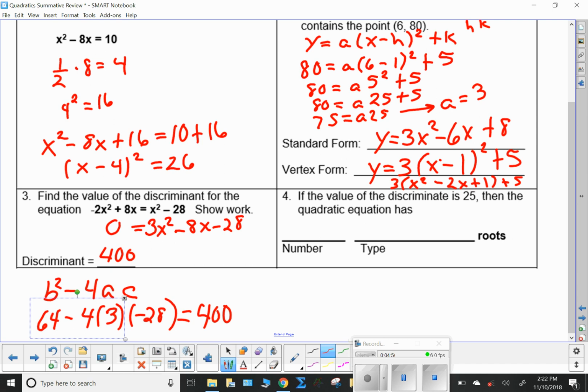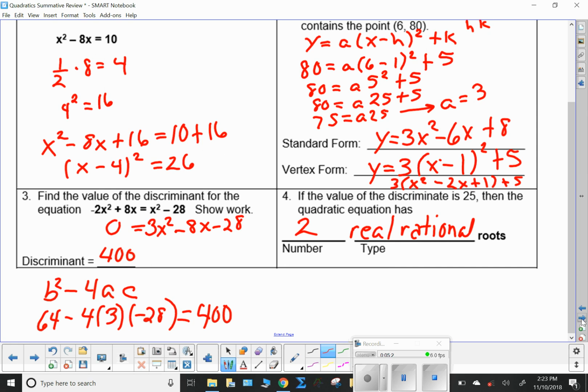Now the next one over here, if the value of the discriminant is 25, then the quadratic equation has, well, this is a perfect square, and it's real. So I'm going to get 2 real, and because it's a perfect square, these are going to be rational roots. All right? Good job.